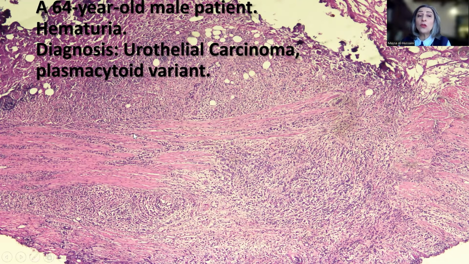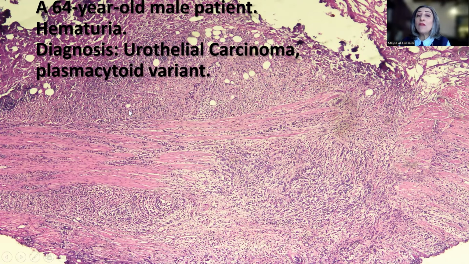This particular variant has a tendency actually to sneak into the epithelium and even into the peritoneal surfaces. And this is one important cause for the poor outcome associated with this type of carcinoma.